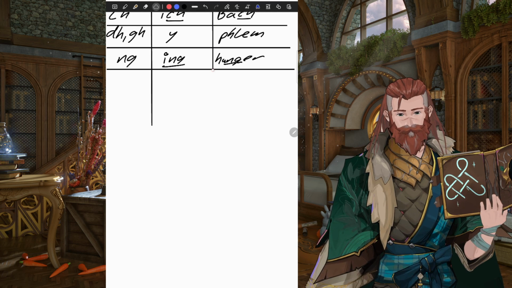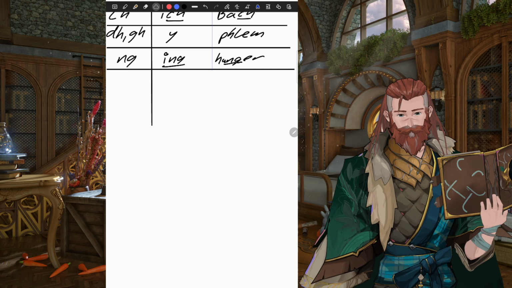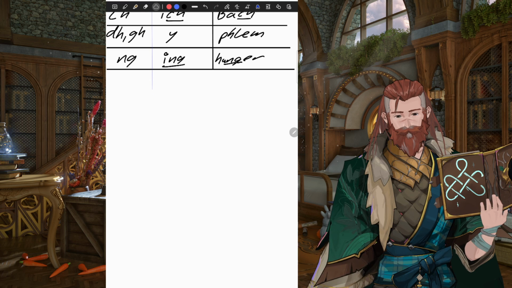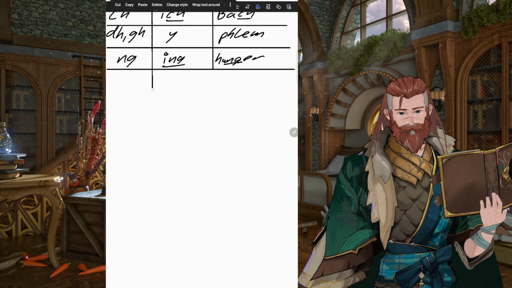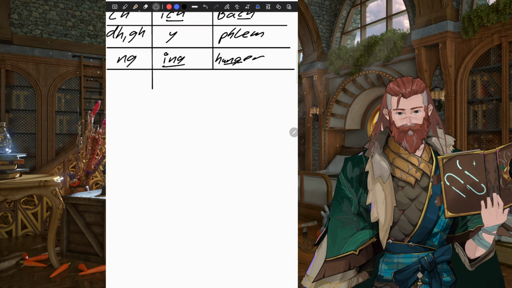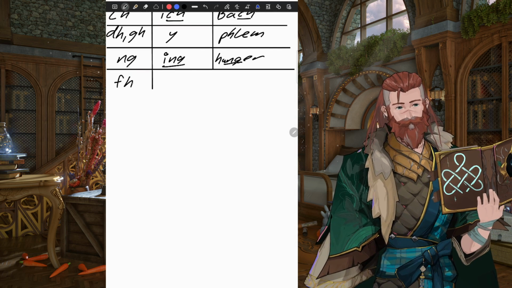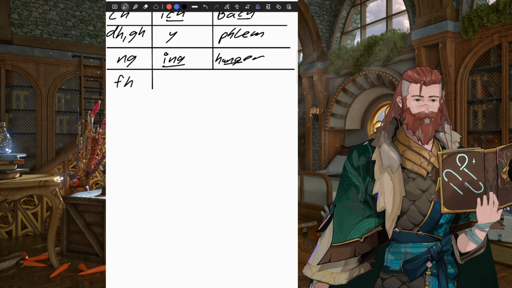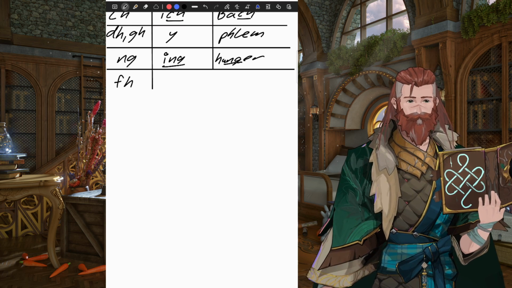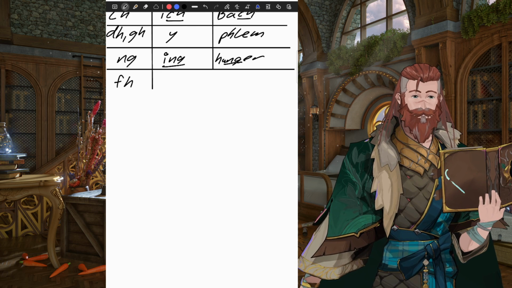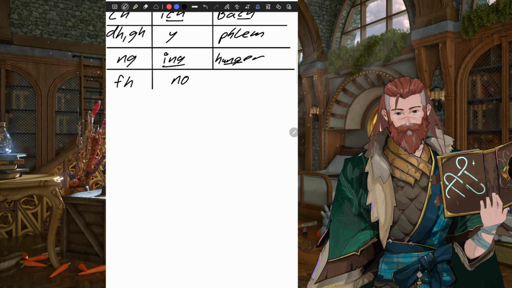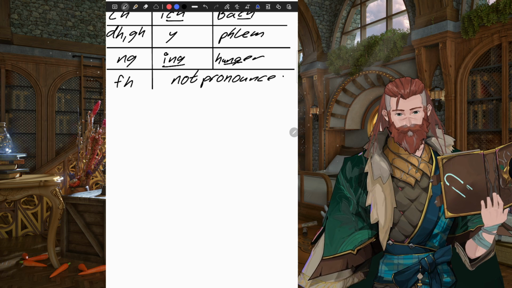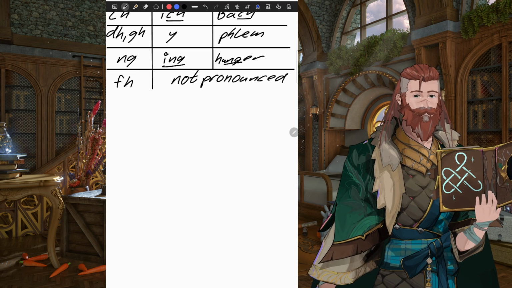Now here's kind of a fun one, kind of a quirky one for you. If you encounter FH in a word, doesn't matter where it is, doesn't matter what vowels are around it, it's just not pronounced. It makes no sound.